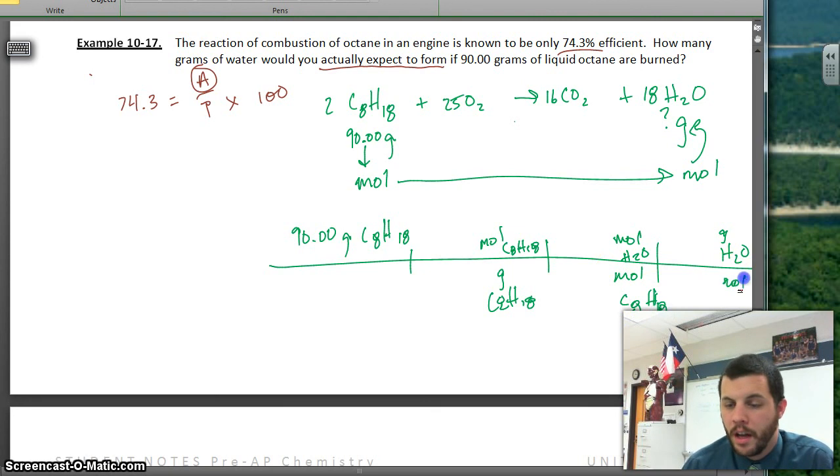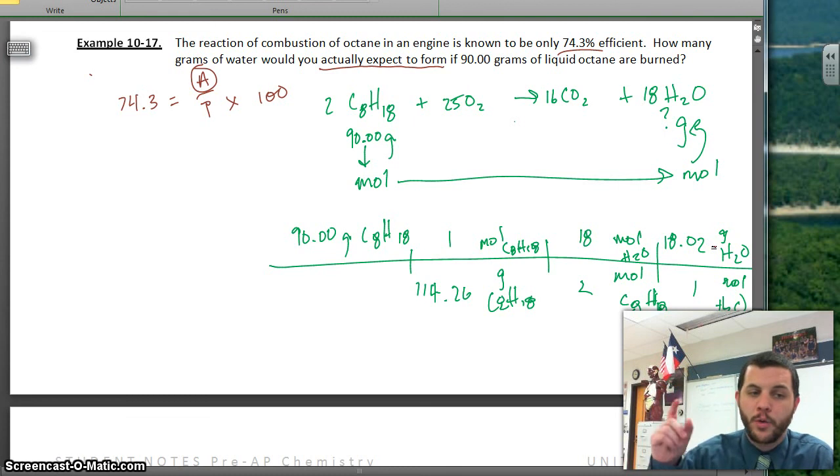Now, how do I relate these things? Well, 1 mole of octane is 12.01 times 8 plus 18.18, which is 114.26 grams. My mole-to-mole ratio: moles of H2O is 18, moles of octane is 2, and then 1 mole of H2O is 18.02 grams.